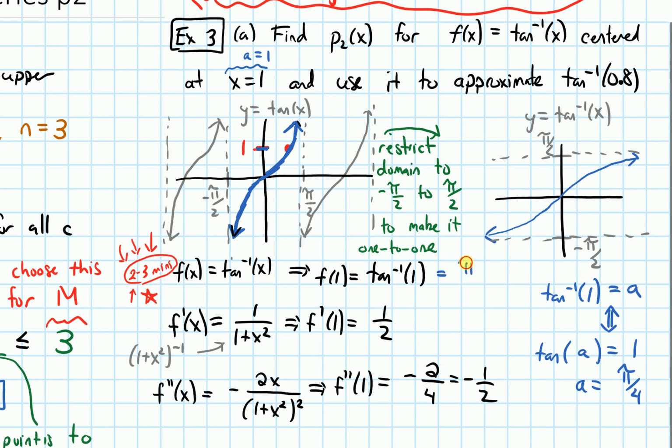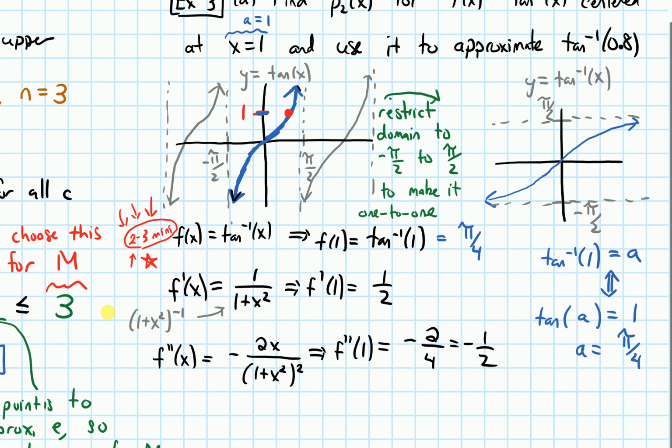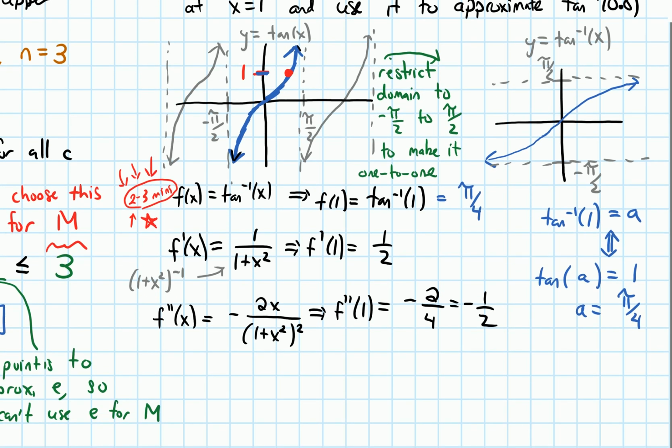It's pi over 4. All right, so now we have enough information to write down our second order Taylor polynomial. So p2 of x is going to be, our constant term is pi over 4. And then plus, our next coefficient is 1/2. We'd have 1/2 times x minus the center point, which was 1, to the first power, over 1 factorial.